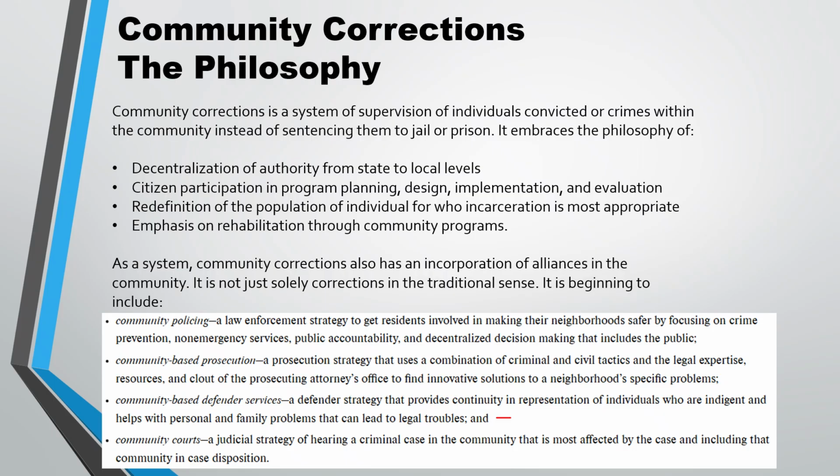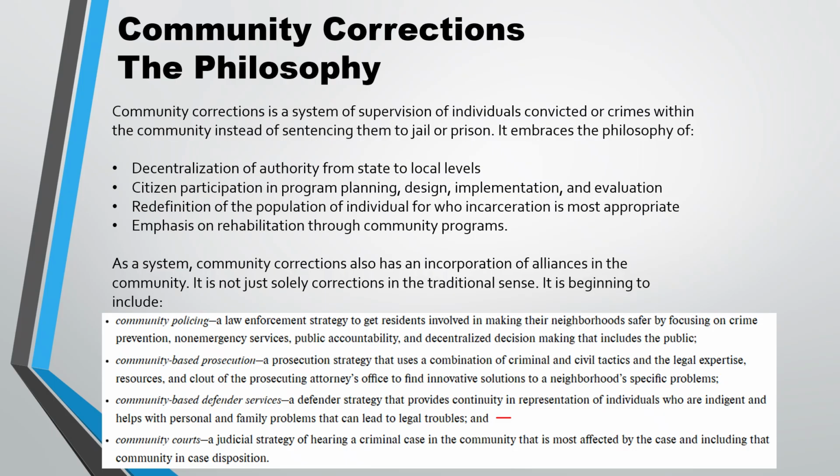So it's basically a strategy within law enforcement that gets residents involved in their neighborhood and what is going on. Community-based prosecution, a prosecution strategy that uses a combination of criminal and civil tactics and the legal expertise, resources, and clout of the prosecuting attorney's office to find innovative solutions to a neighborhood's specific problems. So, what does all that mean?